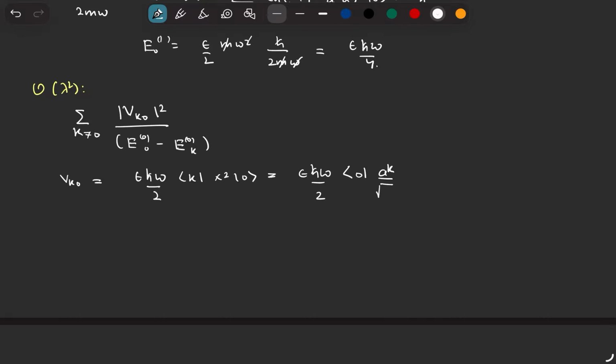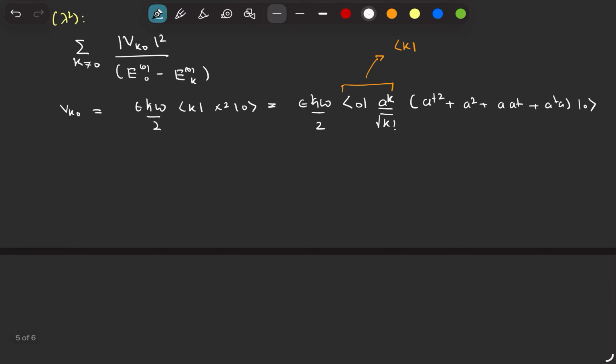Because it's k, in principle I can write it as 0 a to the power k upon square root k factorial, and this will give you a bra k, right, and here you will have a dagger squared plus a squared plus a dagger plus a dagger a, and again there is a ket 0, right. So let's write it in its full glory.